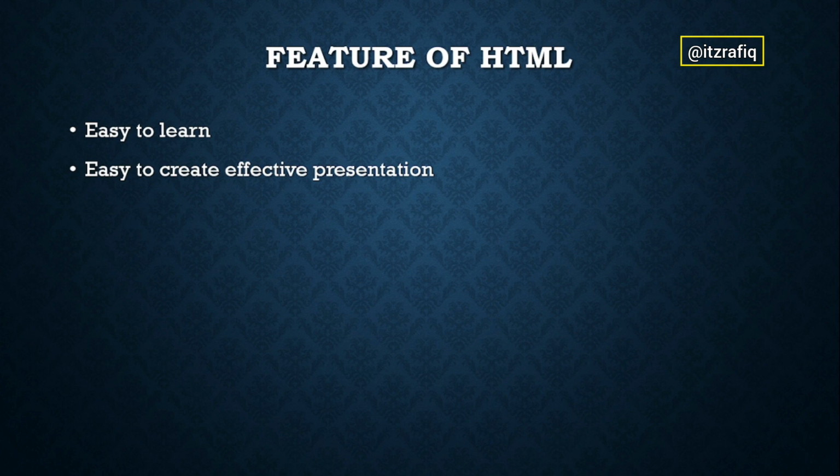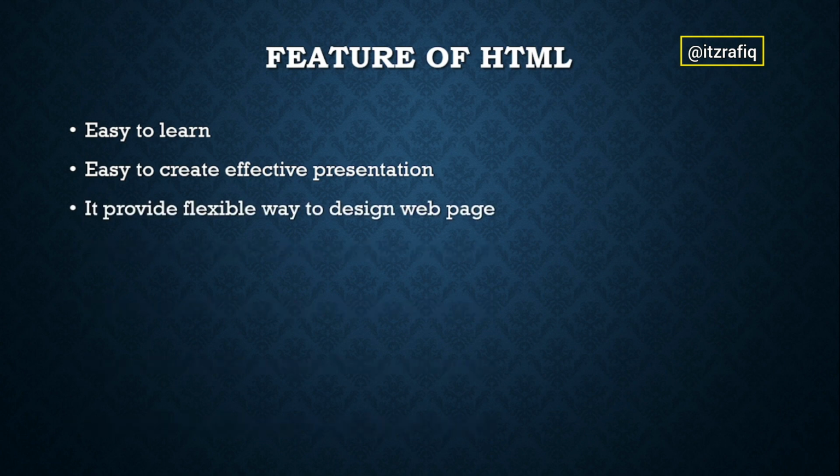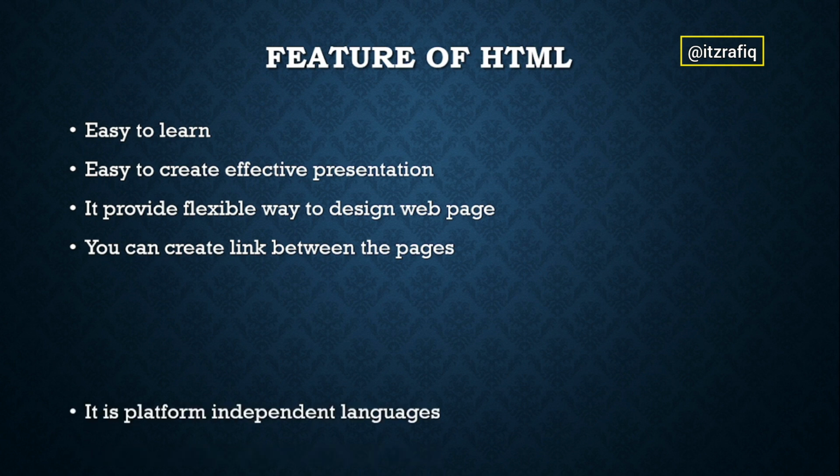For example, if we visit the Spotify homepage or YouTube homepage or any other pages, most of them are designed by using HTML code along with JavaScript and some other languages. It provides a flexible way to design web pages, and you can create links between the pages through hyperlinks.